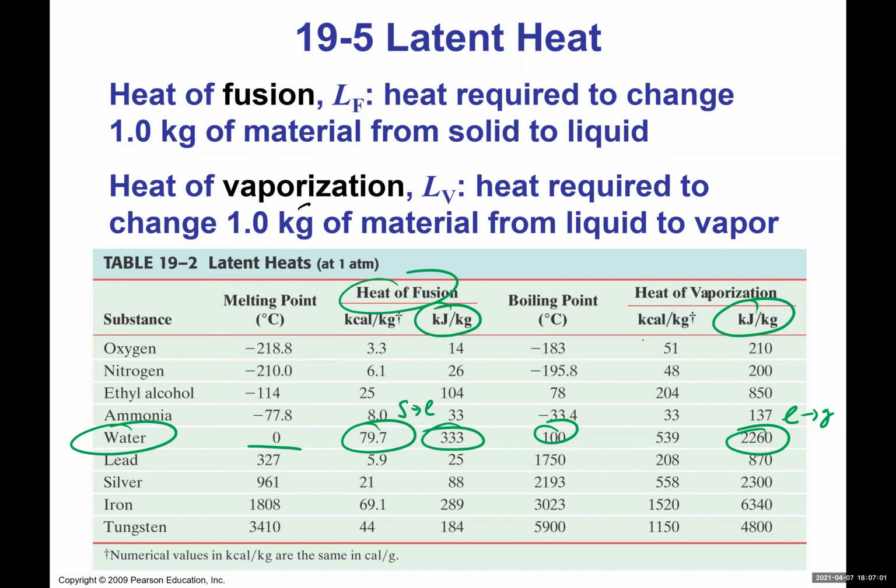Okay. And you can see that the other substances, for example, oxygen melts at negative 218. Nitrogen melts at negative 210 degrees Celsius. For example, iron is a solid all the way to 1808 degrees Celsius, right? Tungsten, 3,410 degrees Celsius.